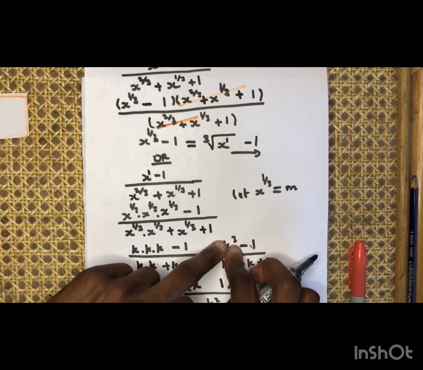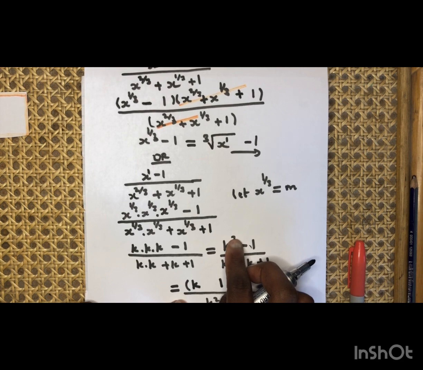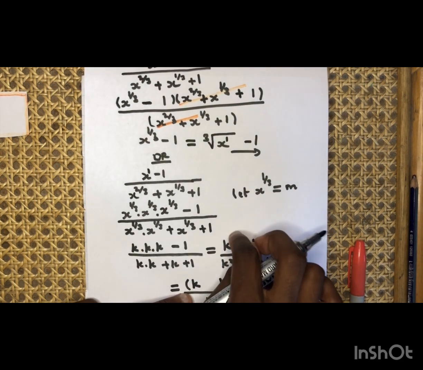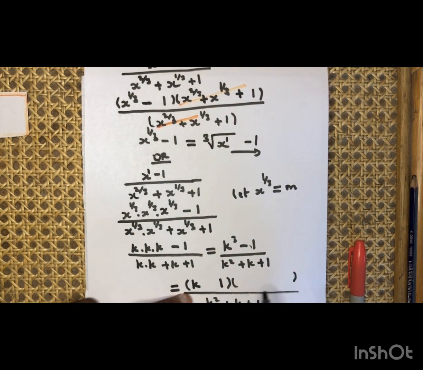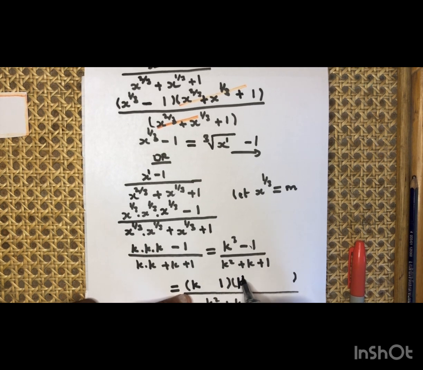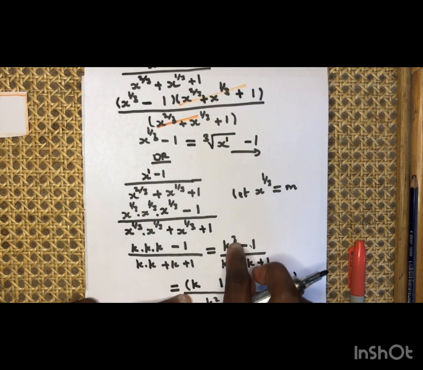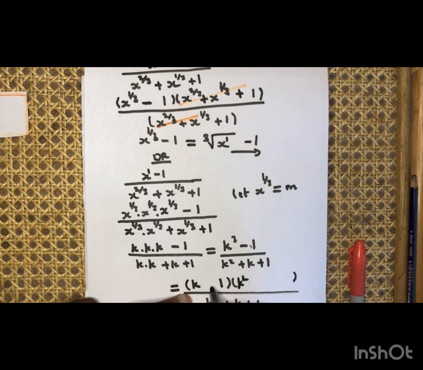Then you need to ask yourself, initially you're having k to the power 3. What must you have here in order to get again k to the power 3? Yes, it's k squared, because k times k squared gives you k cubed. Then in order for you to get negative 1 again, we must put here what? Anything multiplied by 1 remains the same, but the factors of 1 are 1 and 1. So we must put 1 here.